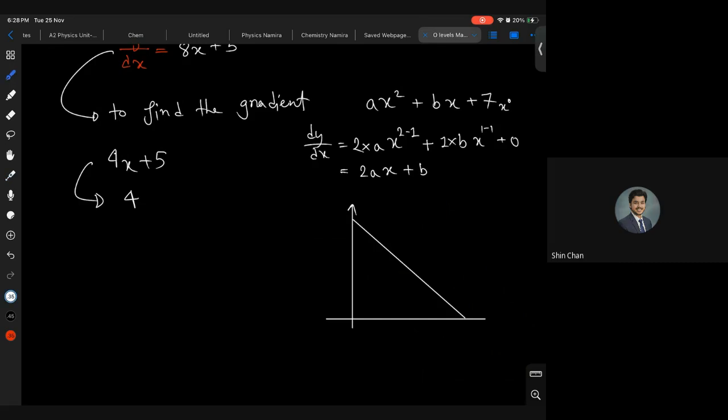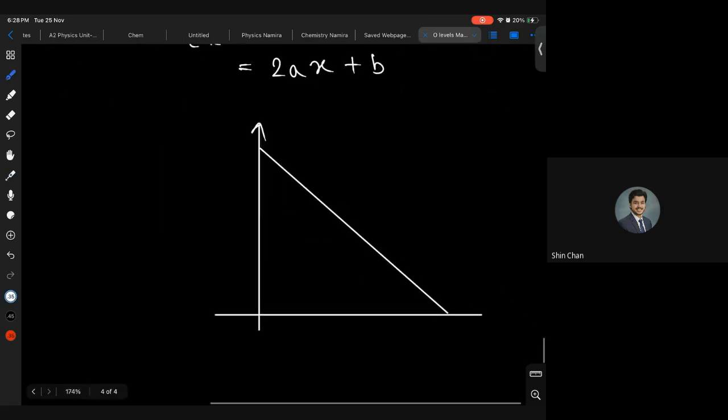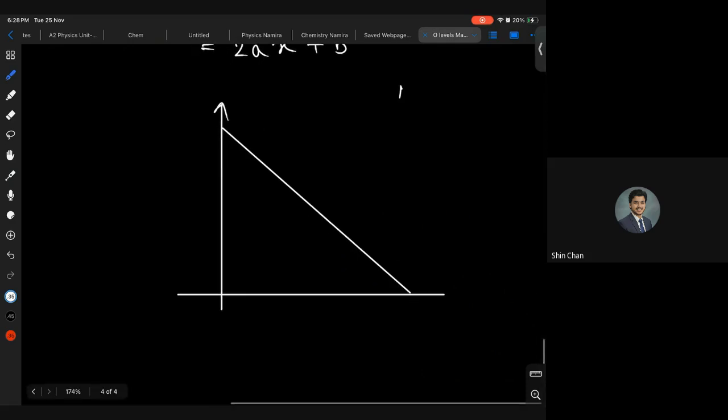Now let's say, how do we find the gradient? What are the steps of finding a gradient? First, we need a graph, and then we would put the formula and write the values. Where do we find the values?